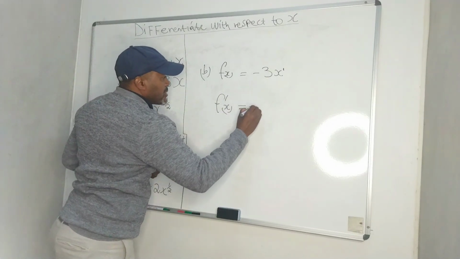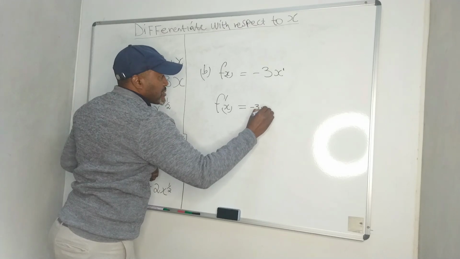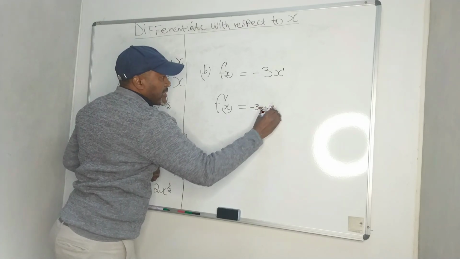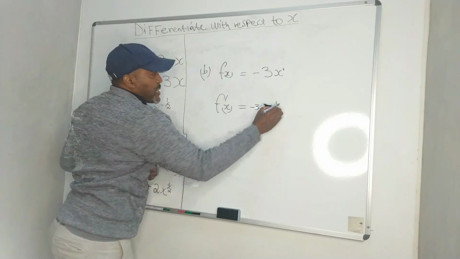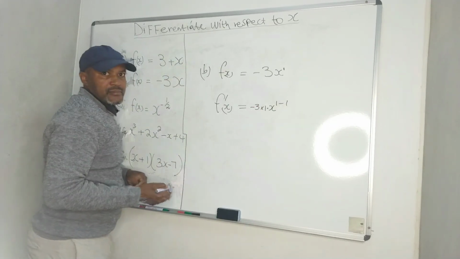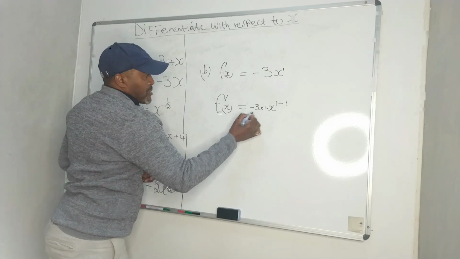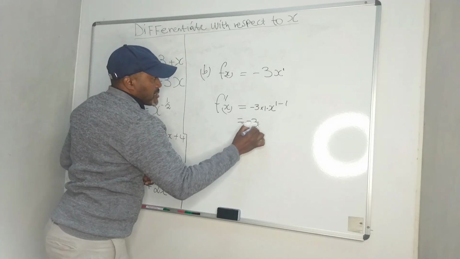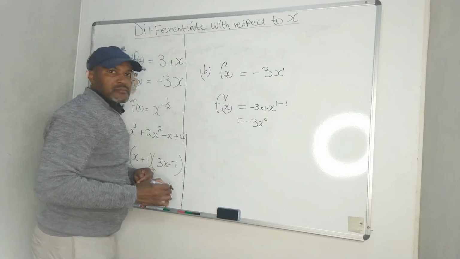So it's going to be -3 multiplied by 1 multiplied by x raised to 1 minus 1. Okay, this will be equal to -3x raised to 0.